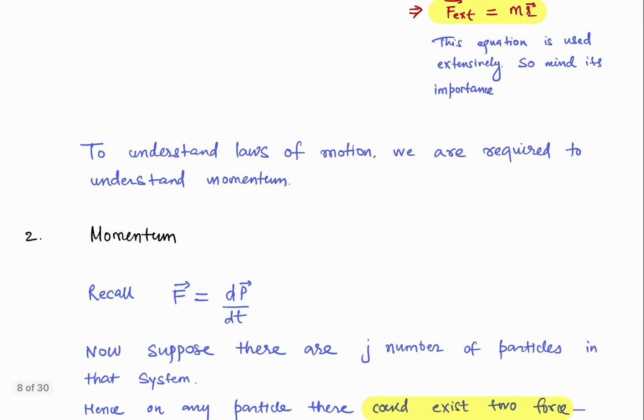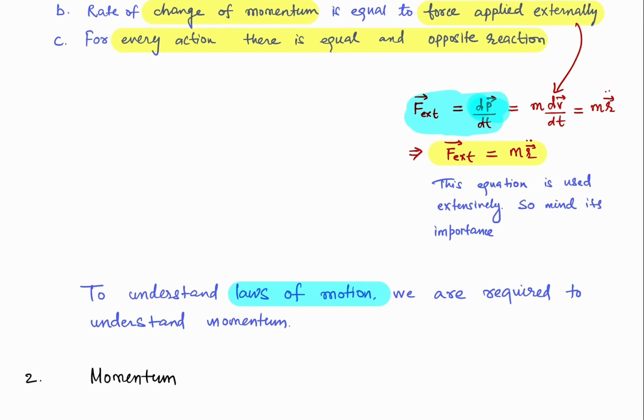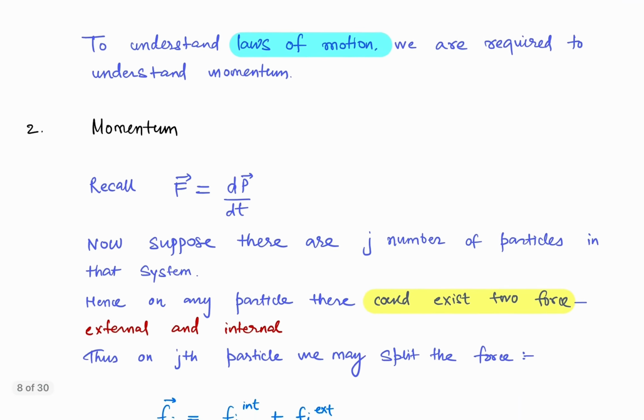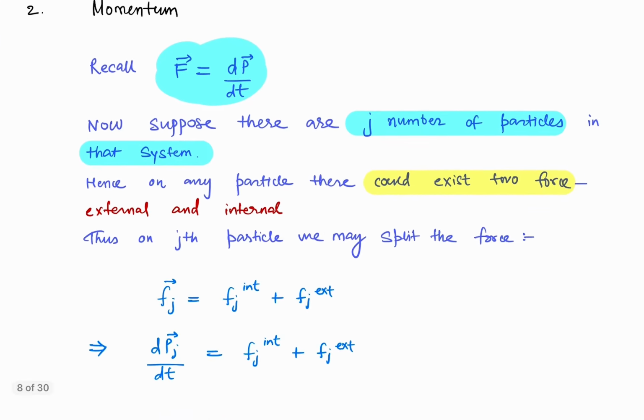Now, to understand the laws of motion, because the momentum is written here, it is the rate of change of momentum, so we are going to study the momentum. So F external is actually the rate of change of momentum. Now suppose there are j number of particles in that system. We have such a system, and in the system there could be many particles. On any particle, the force could be either internal or external.